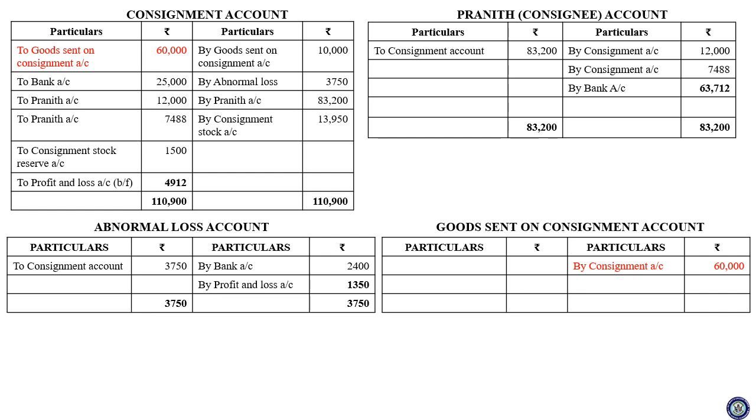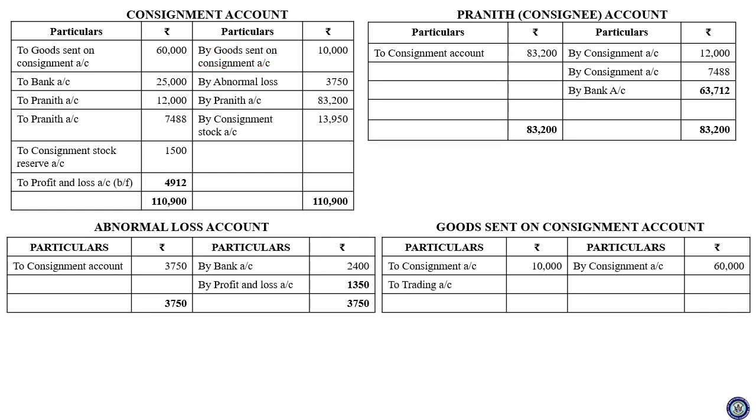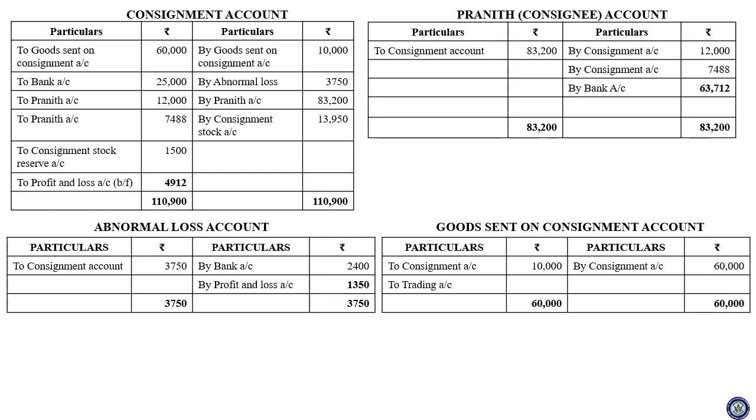First by consignment 60,000. Next to consignment 10,000, that is the load price. So the net cost, that is the difference, is transferred to trading account. Total 60,000. Difference 50,000.